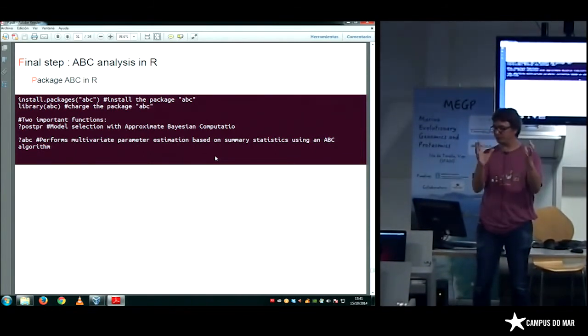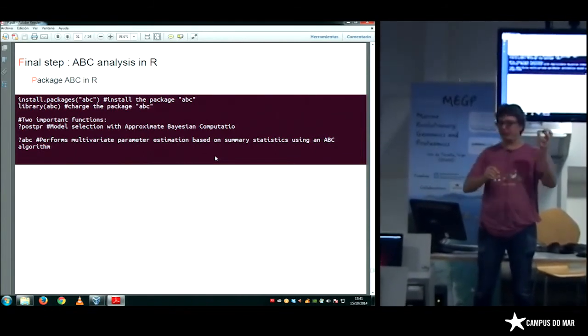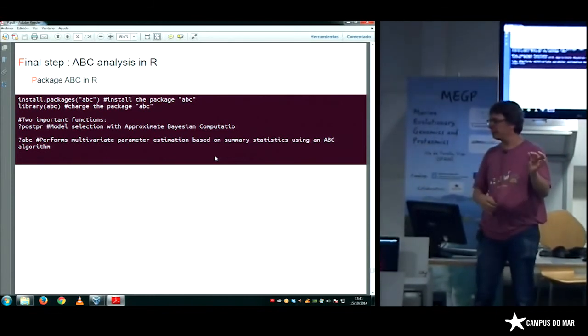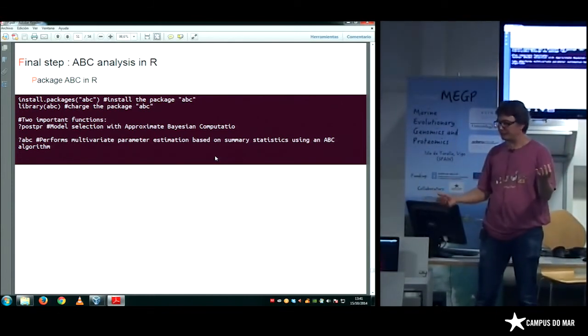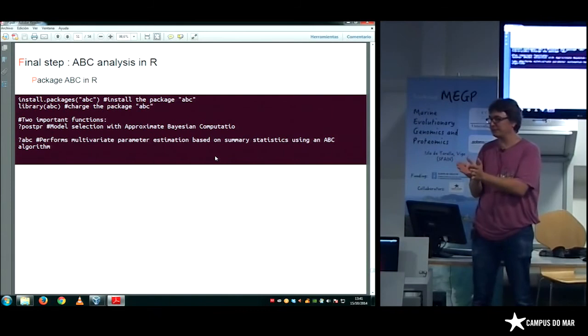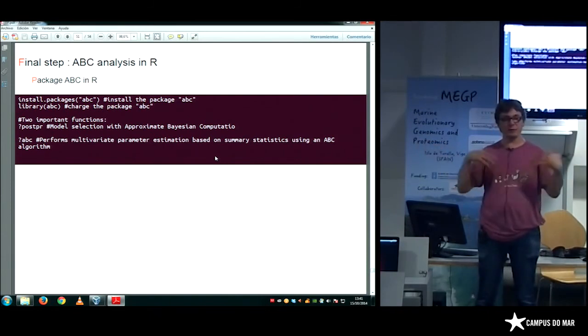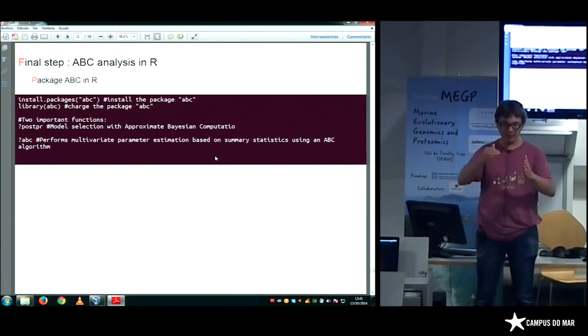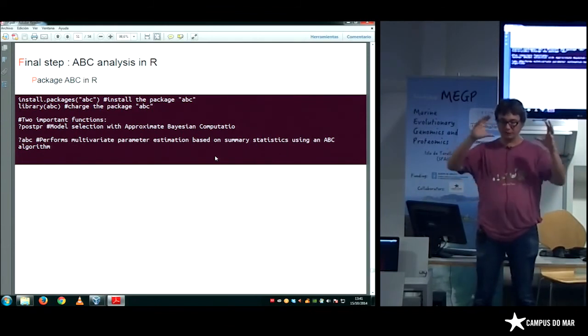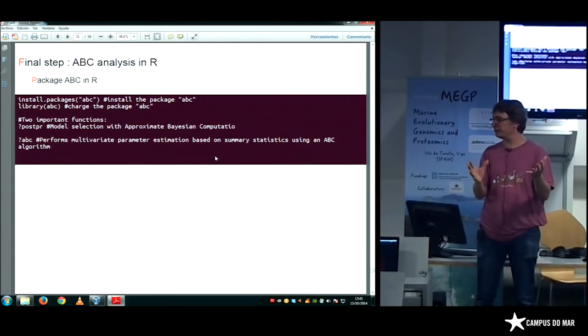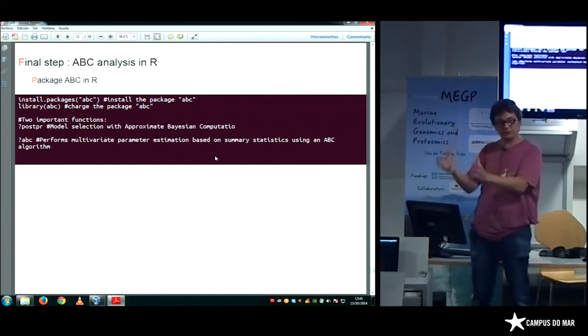So you have to describe your data, the number of loci. It can be a very big data set. Here it's a small data set, it's easy, but if you have 1,000 loci, it's something else. So you have to describe the characteristics of your data because it's what you are going to simulate.